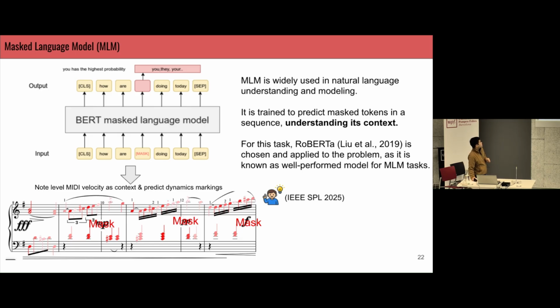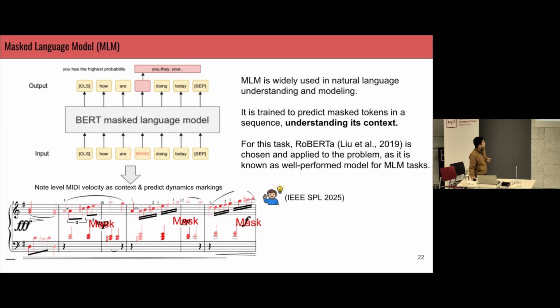A masked language model masks some word or token in text, and based on the context information, this model predicts or estimates what kind of word or token can be inserted here. So I use this idea to estimate dynamics markings based on performed note MIDI velocity as context.